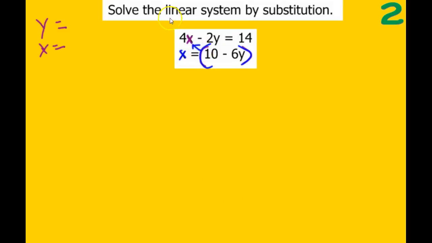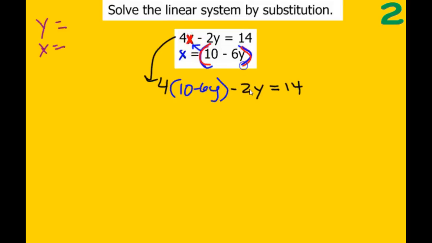So I'm going to rewrite this first equation. It says 4x, but x is really 10 minus 6y. Put that in the place for x right there. Minus 2y equal to 14.